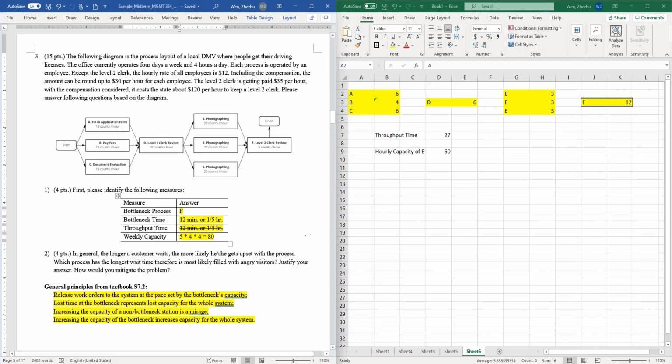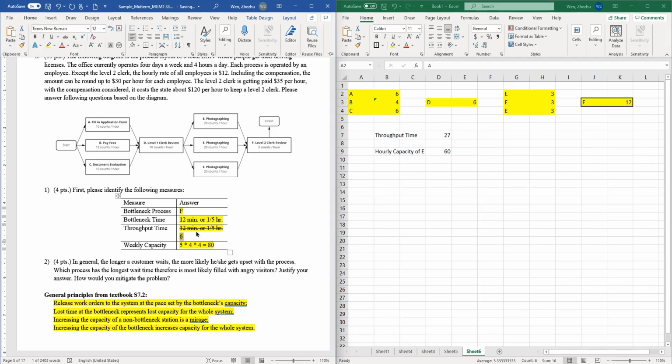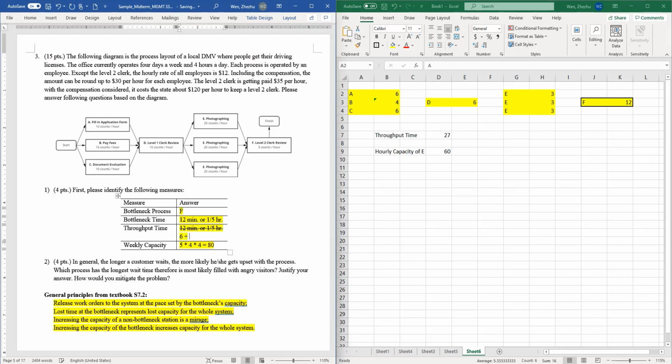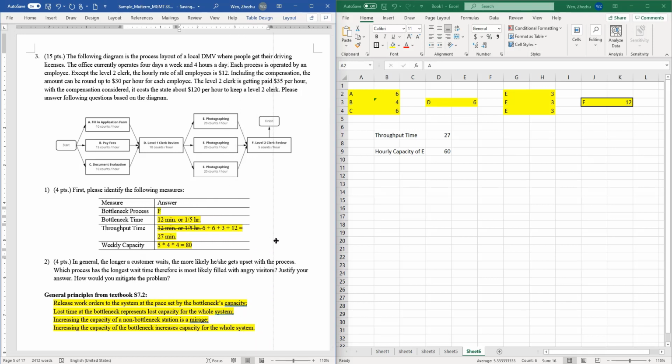So let me revise it quickly: 6 minutes, plus another 6 minutes, plus 3 minutes, and then 12 minutes. So I believe this gives you 27 minutes. So 27 minutes is your throughput time.